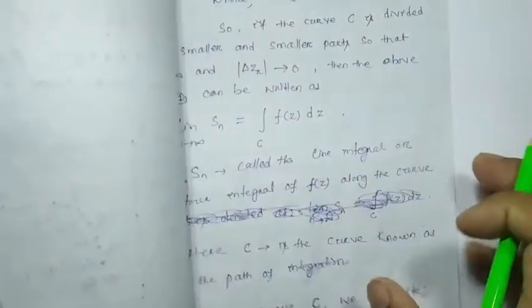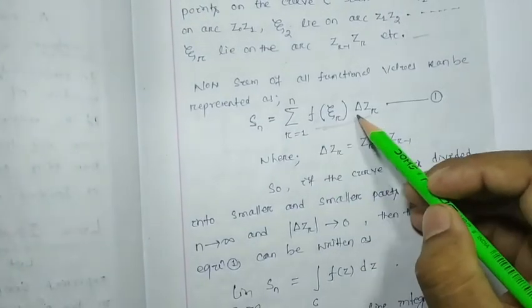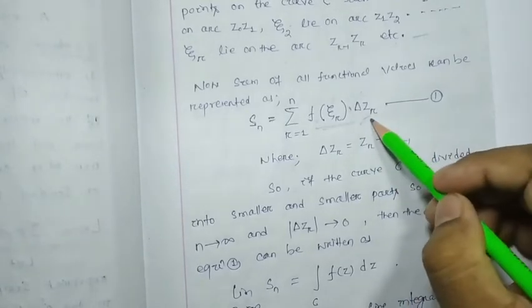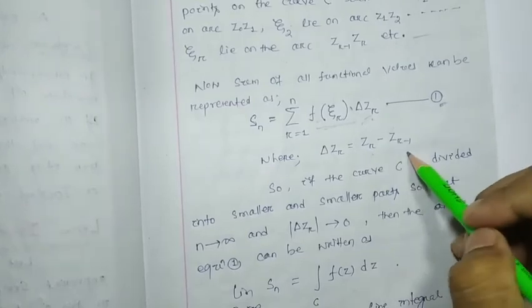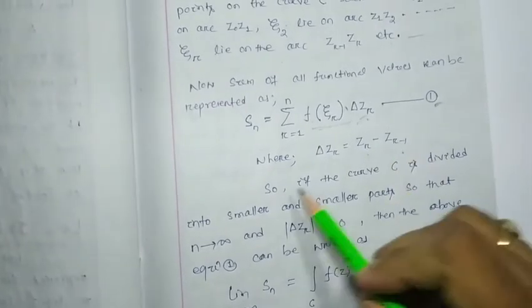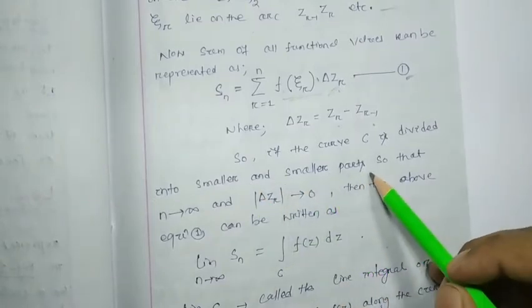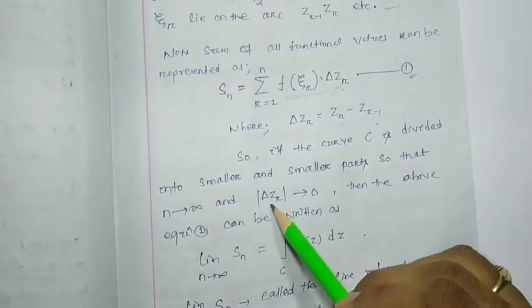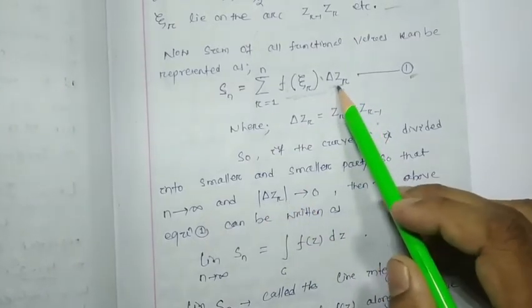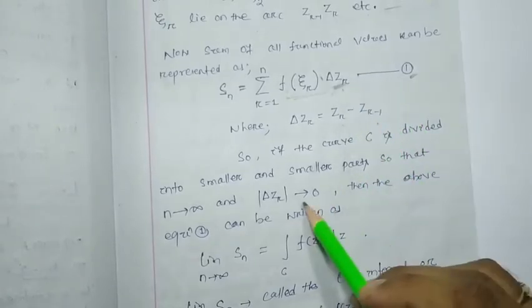So summation over r equal to 1 to n of f(xi r) into del zr. Let this be equation number 1, where del zr equals zr minus z(r-1). So if the curve C is divided into smaller and smaller parts, so that n tends to infinity, and del zr, this length, tends to 0.